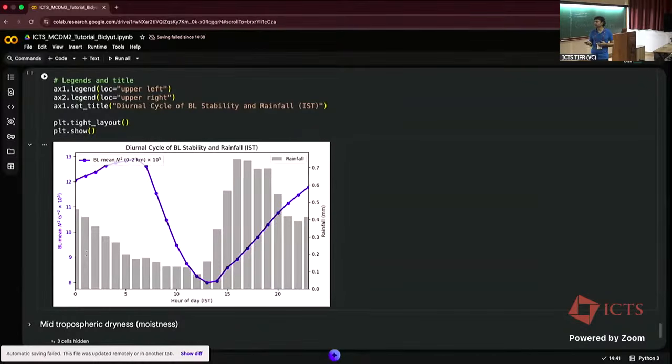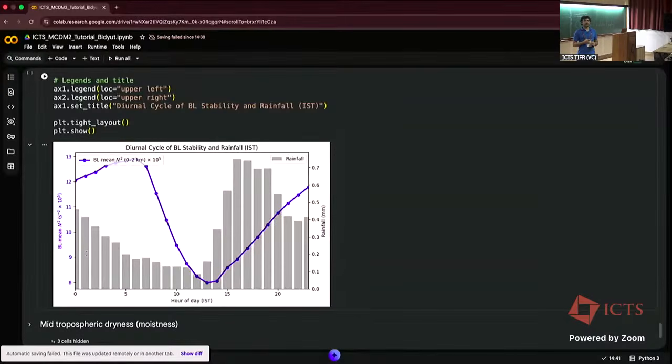I also converted the time to IST, and that's a key point. Even though it's a small calculation, you just add 5.5 hours to UTC. But if you do not do that, because we are trying to see the diurnal cycle, we need to have the local time.